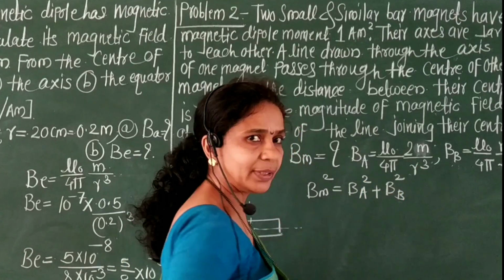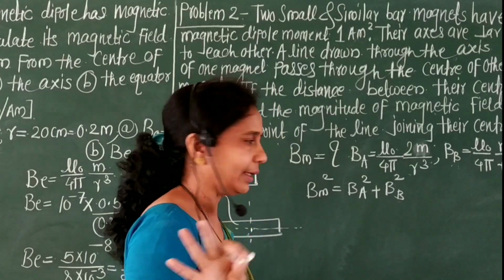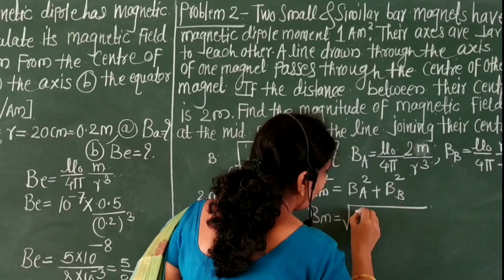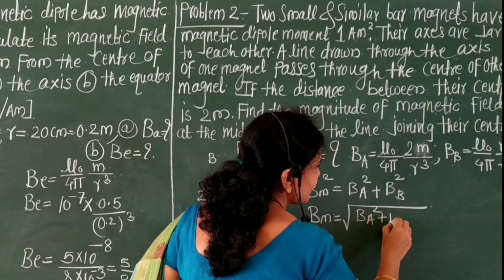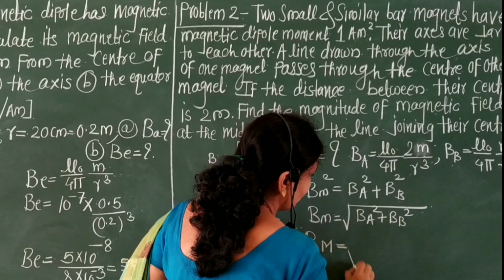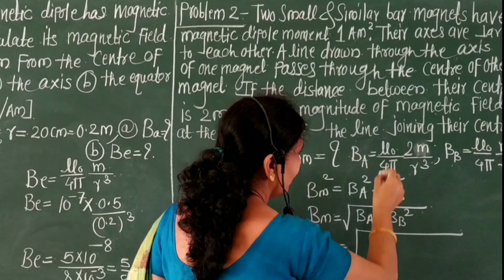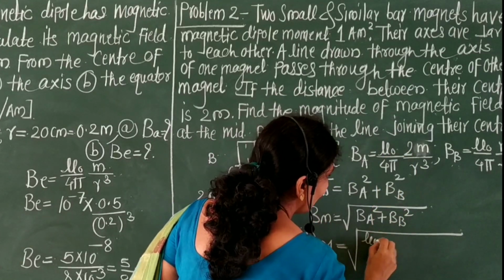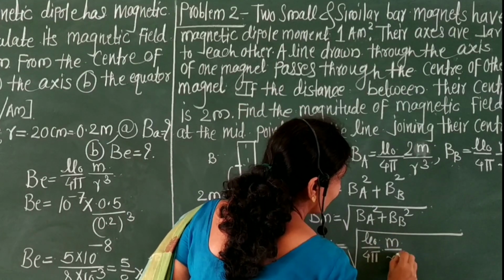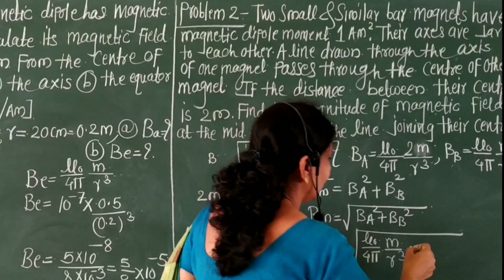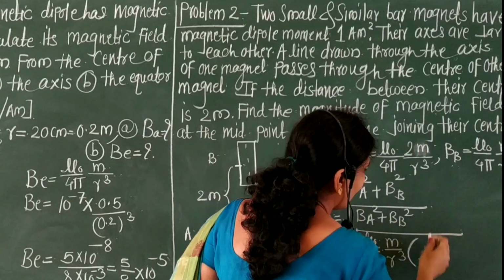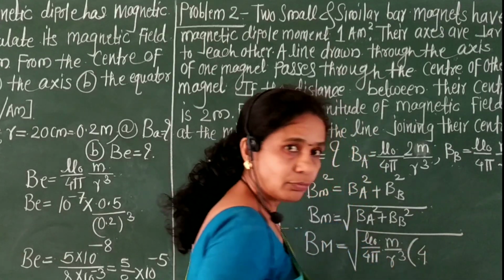Okay, here A and B are the two different magnets. Therefore BM is equal to the under root of BA square plus BB square. Therefore BM is equal to under root of, say, mu naught upon 4 pi m upon R cube is common. Okay, in first bracket remaining is 2 square, therefore it becomes 4.